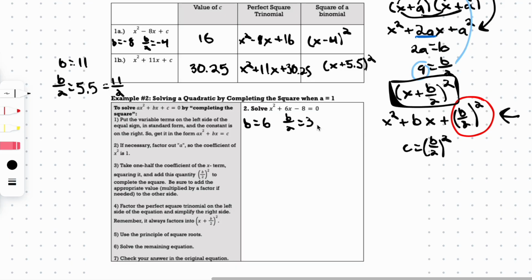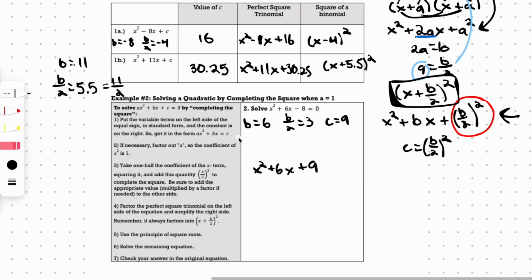So b over 2 is 3. 3 squared is going to be 9. So we want our c value to be 9. I'm going to write this down here. Eventually, we want to get to the point where we have x squared plus 6x plus 9.